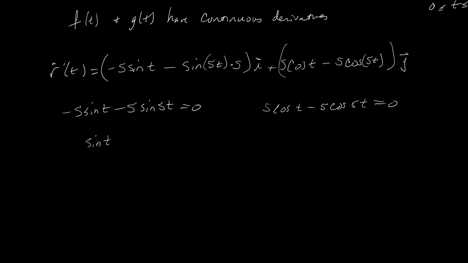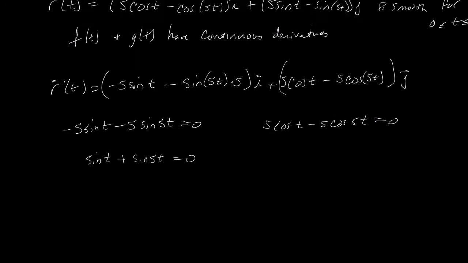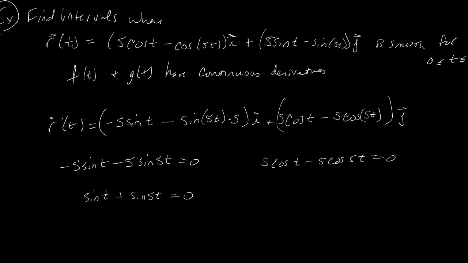We have sine of t minus sine of 5t, plus sine of 5t equal to 0. Oh, I feel like that's supposed to be... Yes, it is. Okay, so you guys may have caught my error. This is negative cosine of 5t, so this should be negated as well. That should be a plus. There we go. That's better.